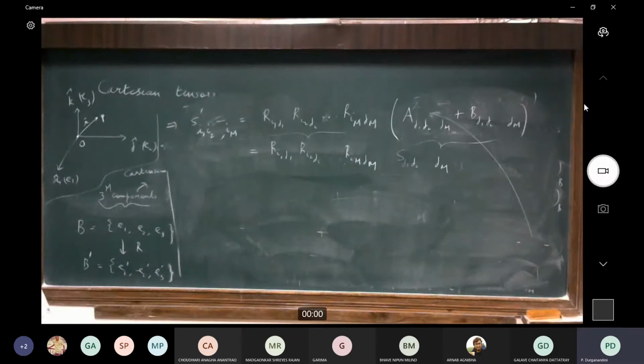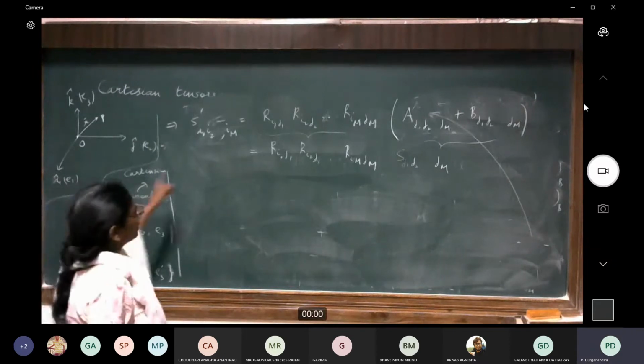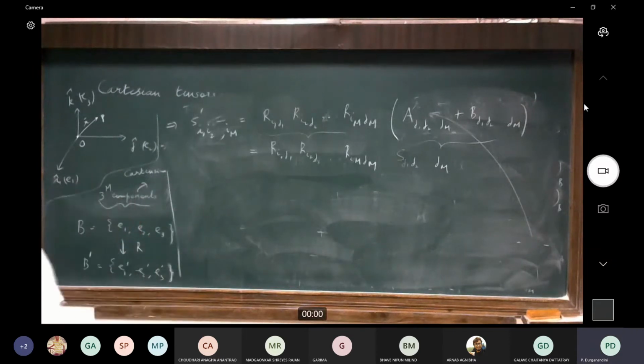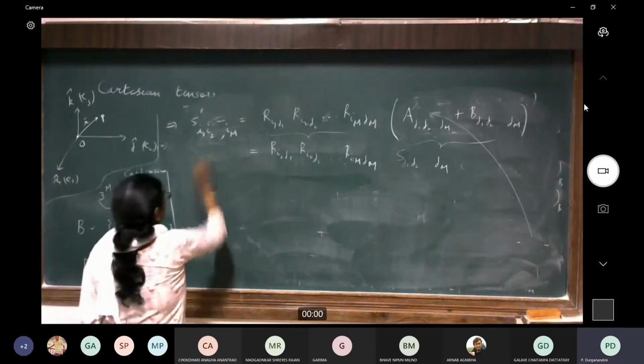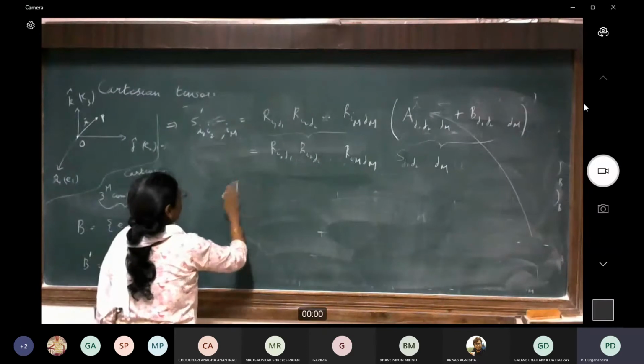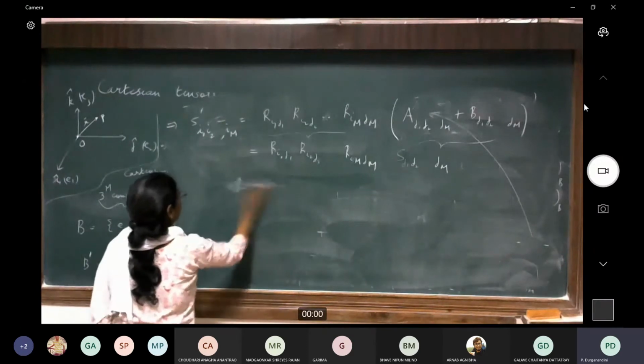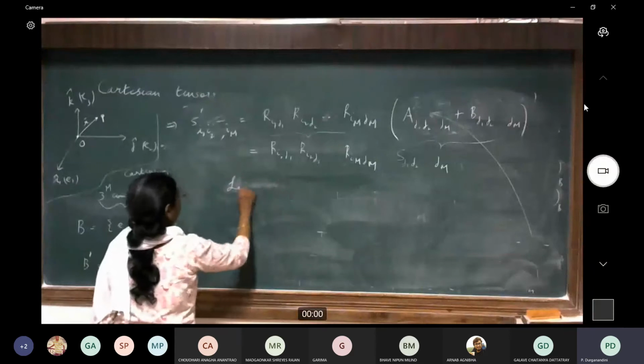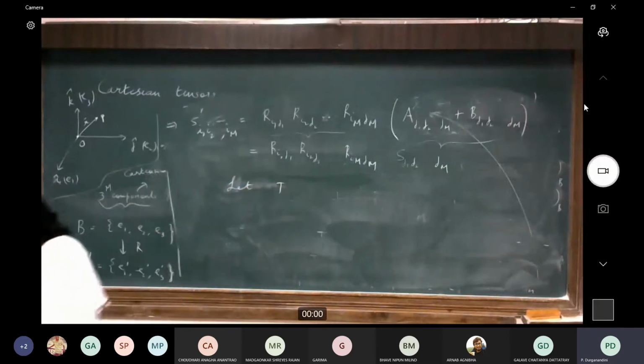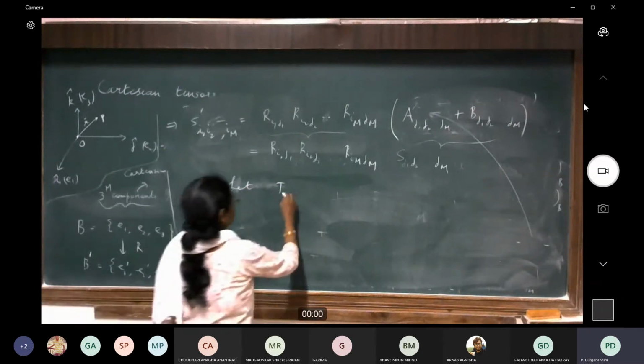What else can I do with this? Now notice one thing. Consider now, suppose I have a kth rank tensor. So let T be a tensor.